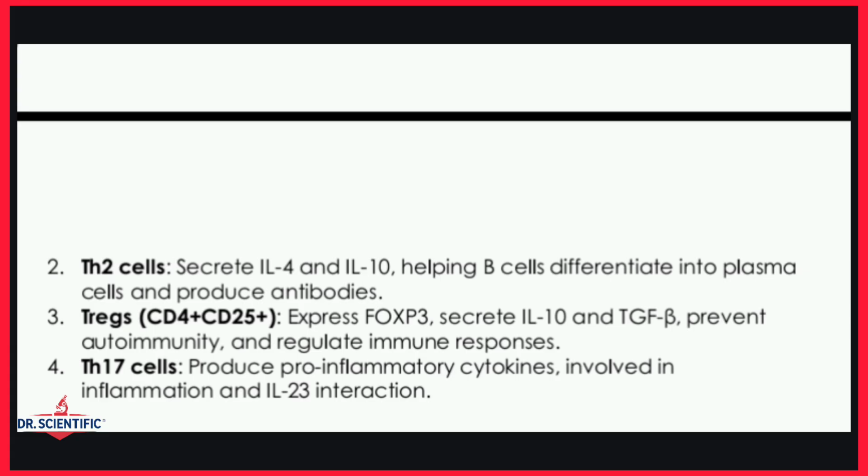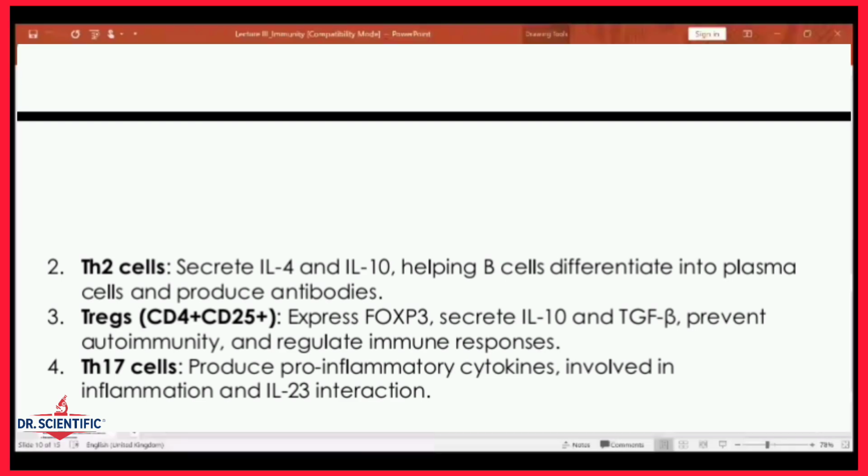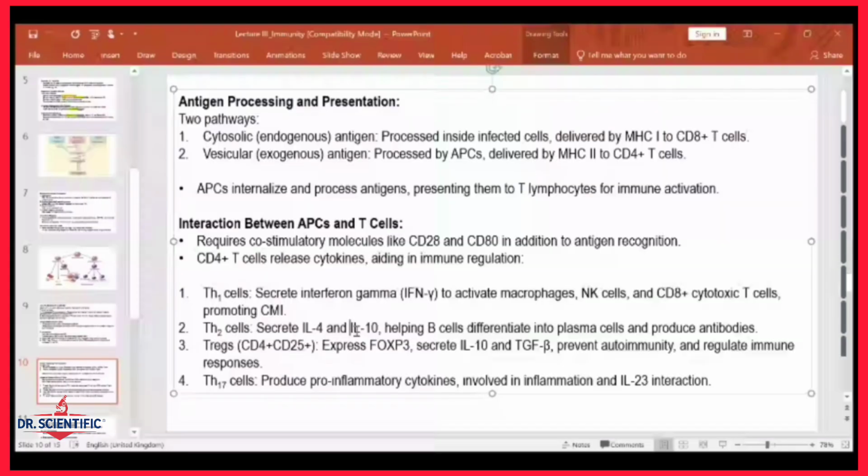Now, T regulatory cells usually secrete interleukin 10 and transforming growth factor beta. Remember, Th2 are also producing what? Interleukin 10. So we can't use interleukin 10 to differentiate Th2 from Tregs. So we're using FOXP3, but other than this, they're also producing transforming growth factor beta.